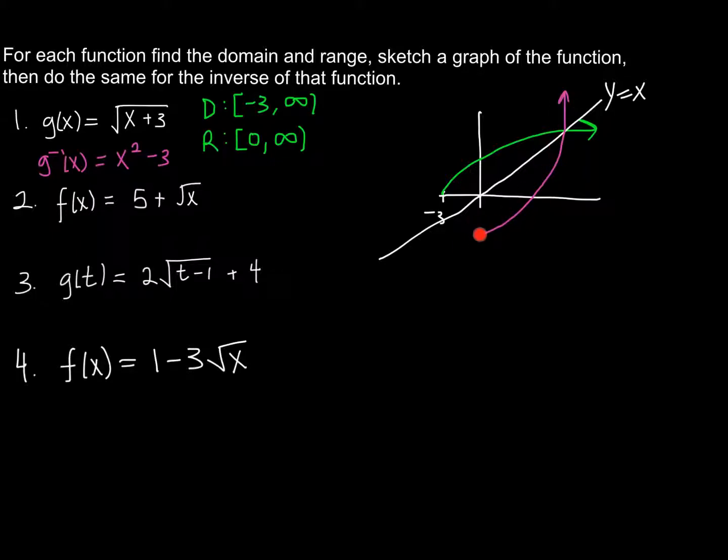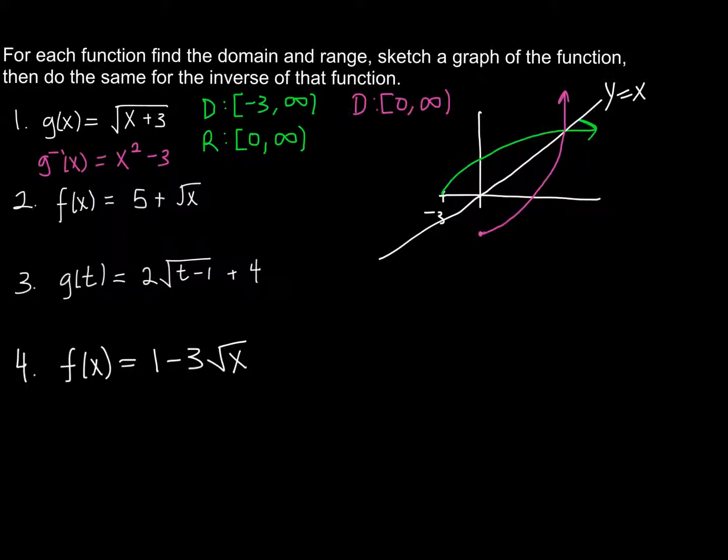And I notice that it's only half of the parabola. And the reason it's only half of the parabola is that its domain is the range of our original function. So the domain is going to be from 0 to positive infinity. I can see that really clearly when I look at the sketch of my graph.